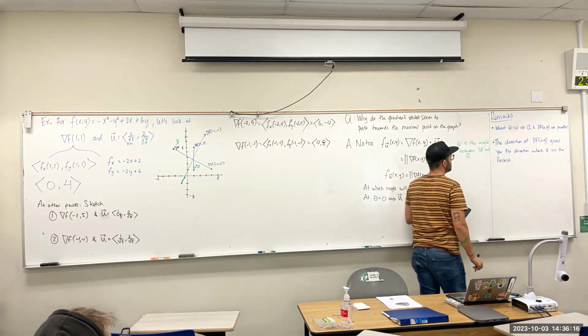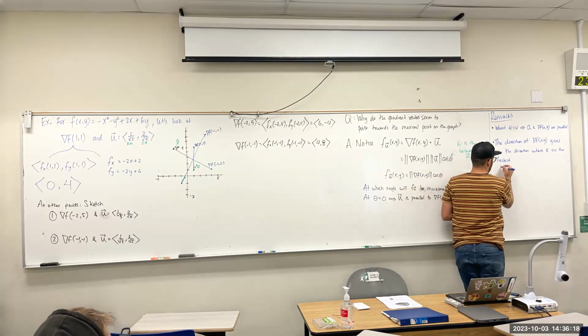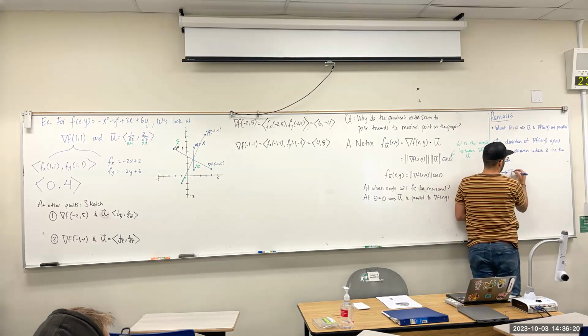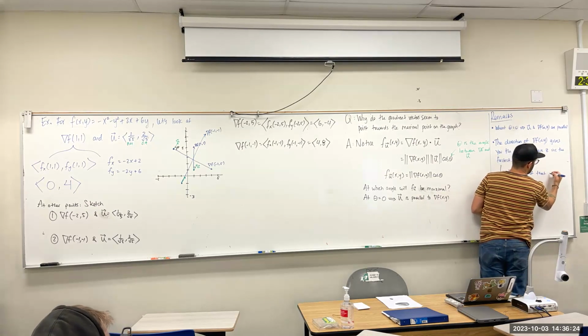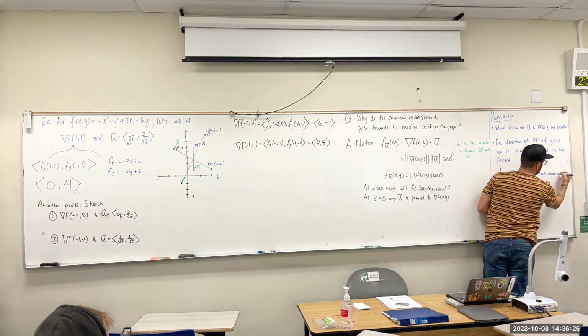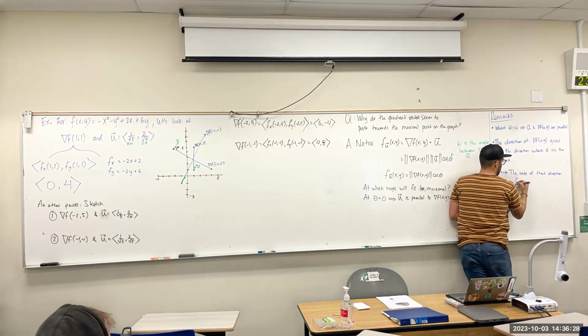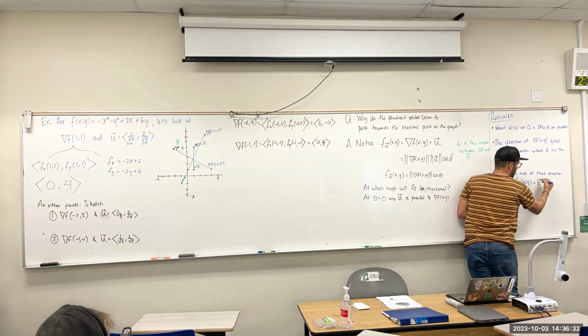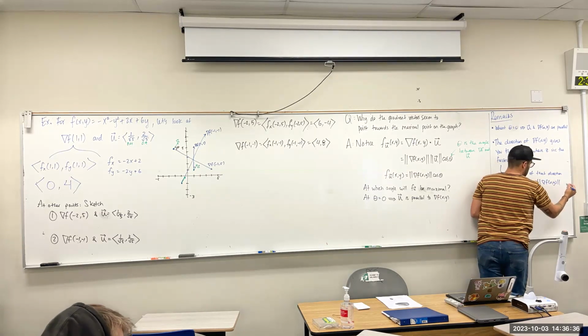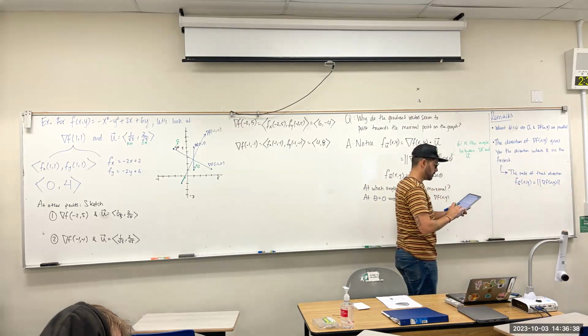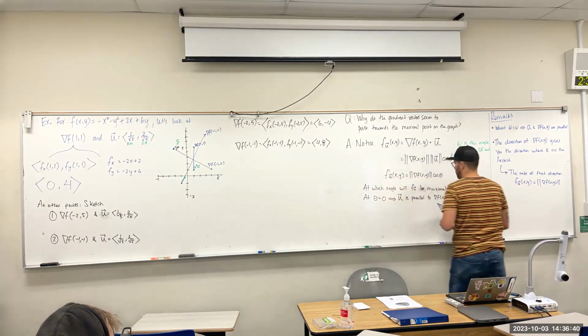Okay. And then the rate in that direction means that at that point, the rate is the magnitude of that gradient. It is the magnitude of that gradient vector.